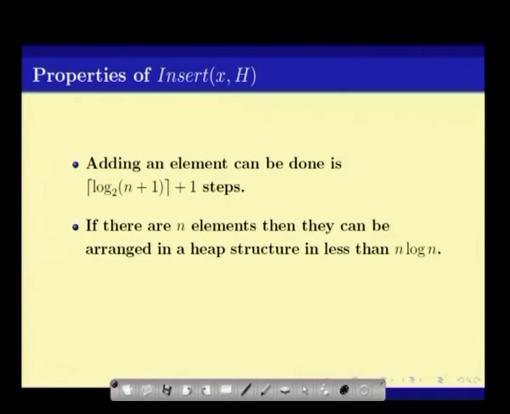It is just the same as creating a sorted list. So, we take an element and insert it in this heap, and we keep on doing it for the n elements, and each insertion will take log n steps. So, after n log n steps we will have inserted all the elements in the heap.